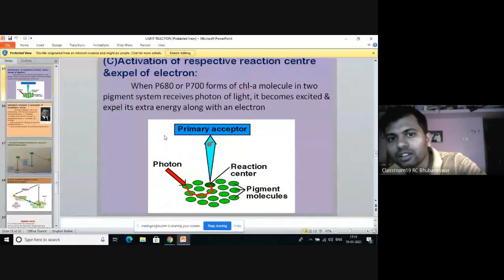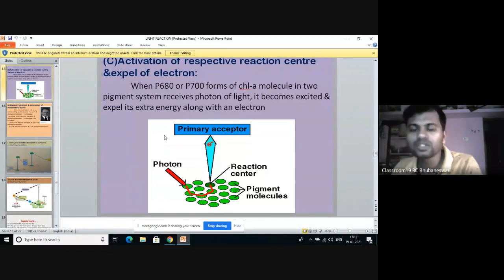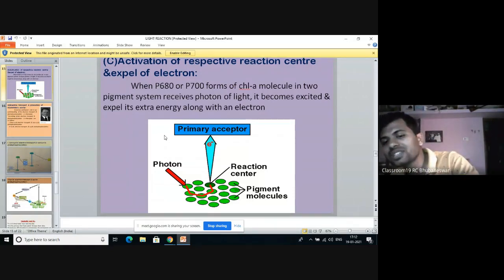In pigment system 1, the reaction center is P700. All the chlorophyll molecules absorb energy and send it to a single chlorophyll molecule present at the center.